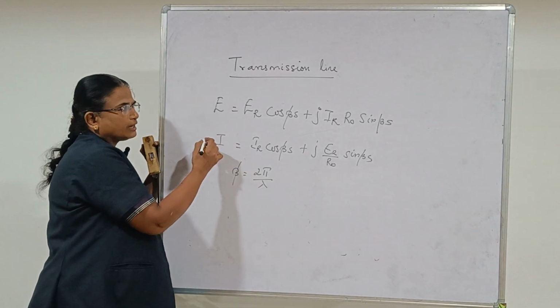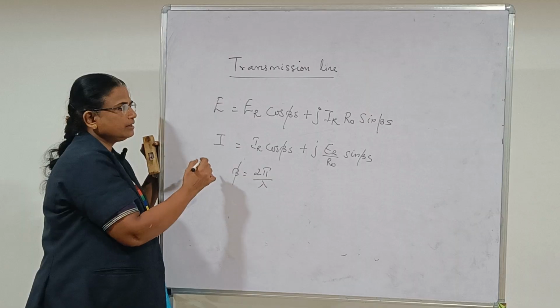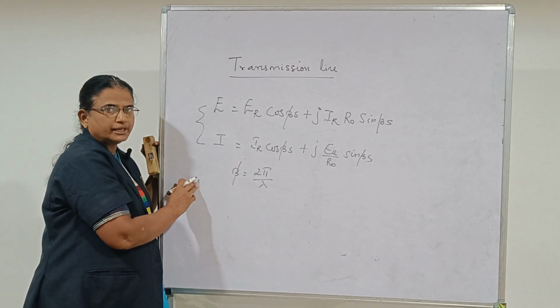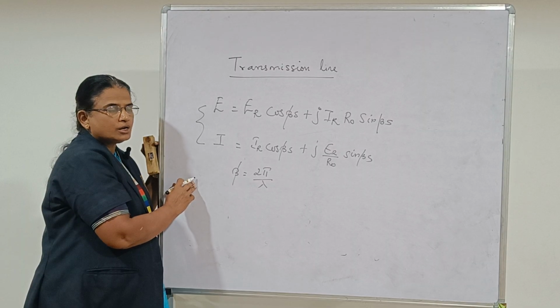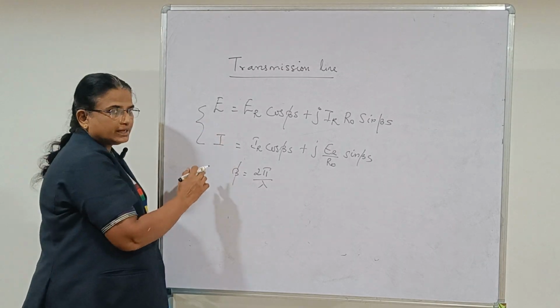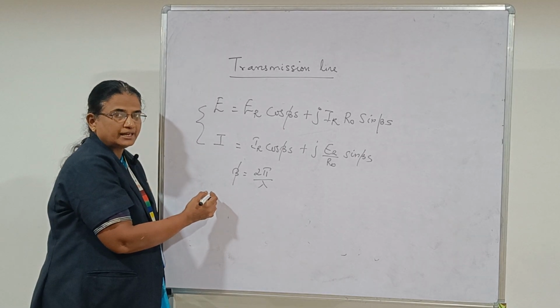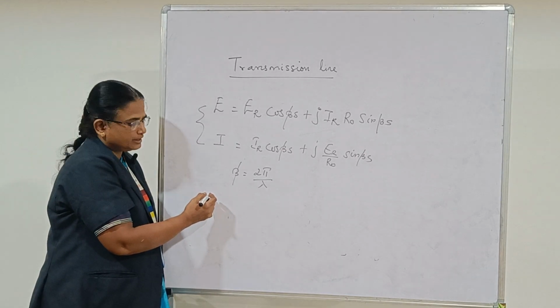Now these two equations are called the voltage and current equations. So, now we are going to derive the input impedance of this dissipationless line, or line of zero dissipation.